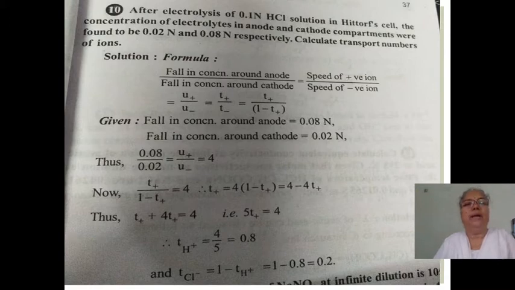Then the next point you have studied is conductometric titrations, and for your study there are only acid base titrations. In those you have studied strong acid versus strong base titration, then weak acid versus strong base, then strong acid versus weak base, and both weak, that means weak acid and weak base.